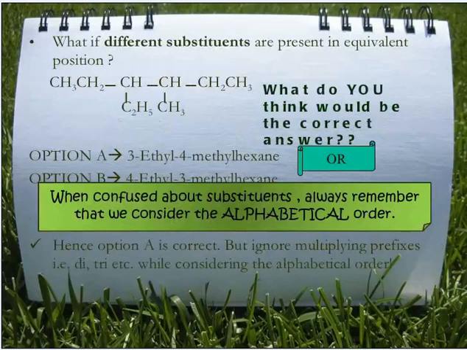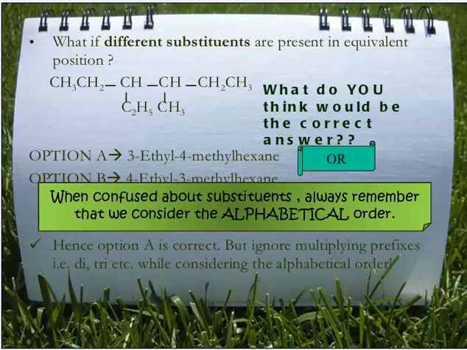What if different substituents are present in equivalent positions? For example, CH3CH2, C2H5, CHCH3, CH2CH3. What do you think would be the correct answer? A. 3-ethyl-4-methylhexane, or B. 4-ethyl-3-methylhexane.